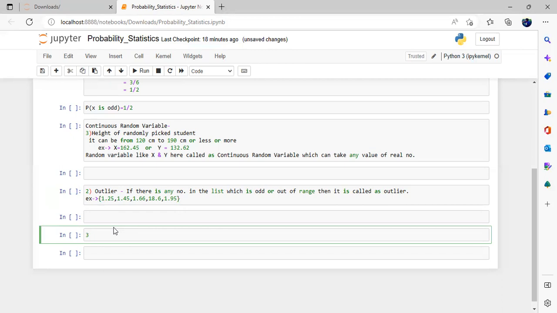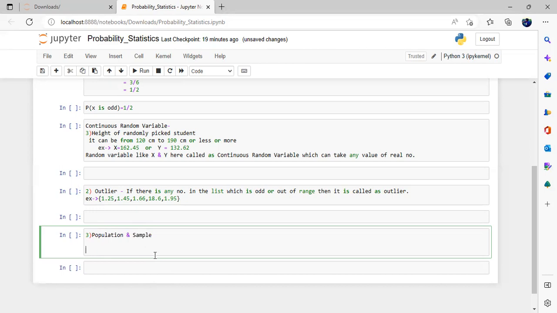The third term we are going to see is population and sample. What is sample? What is population? I hope you are aware of these terms, but there are some students to whom data science or probability and statistics is very new, so I hope this session will help them. Let's take the example of people.